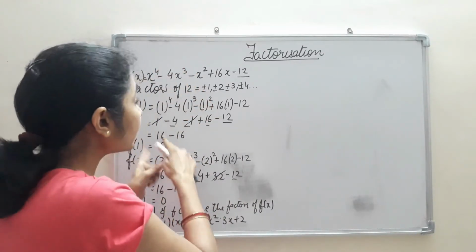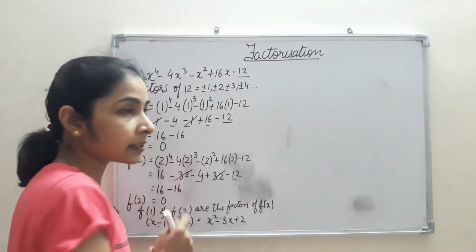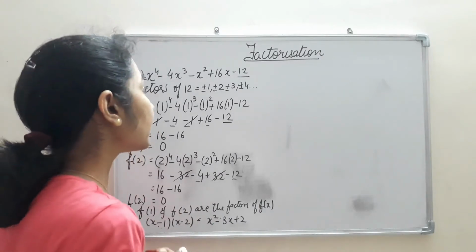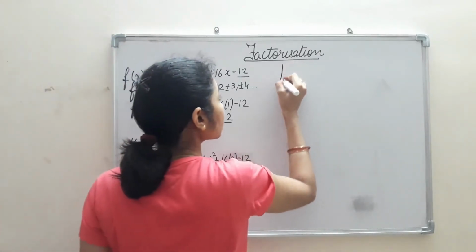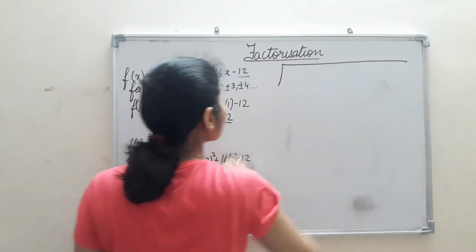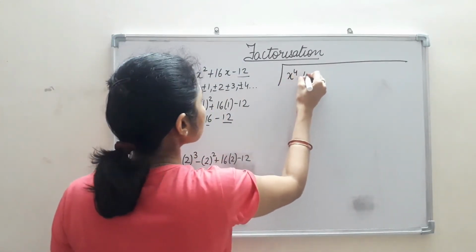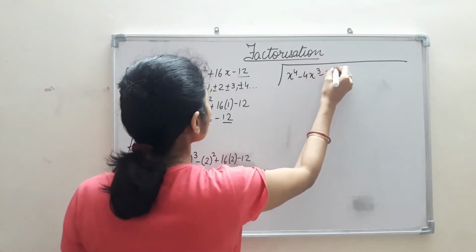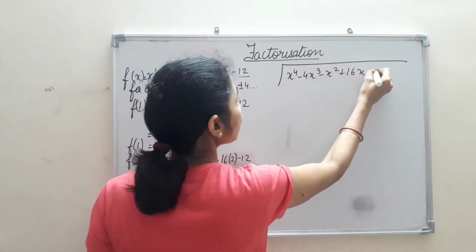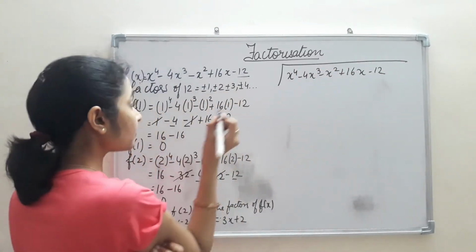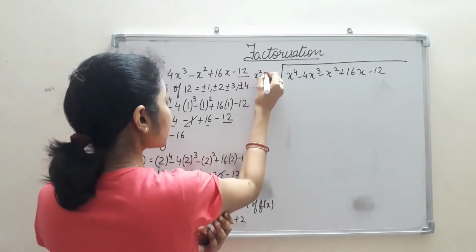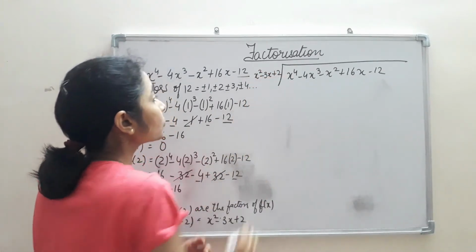Now if I divide this polynomial by this quadratic polynomial, then I will get the other factor. That will also be a quadratic polynomial. So let us divide. X raised to the power 4 minus 4x cube minus x square plus 16x minus 12, I will just divide it by x square minus 3x plus 2.